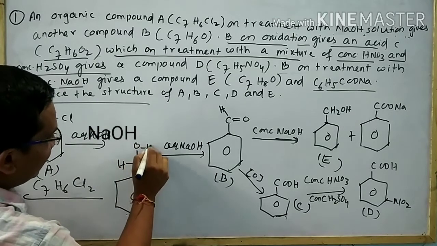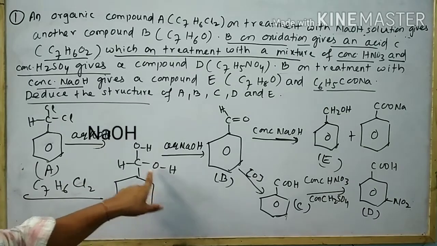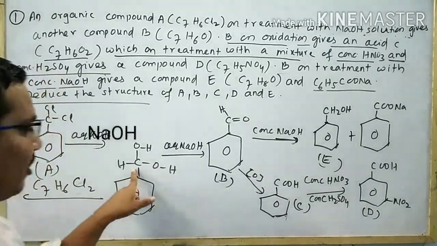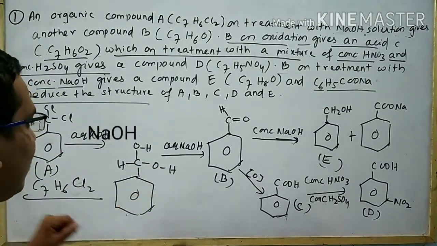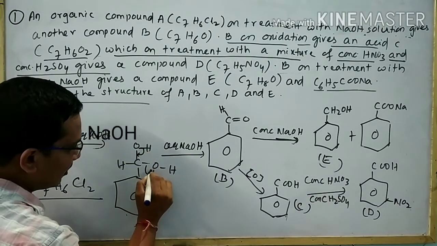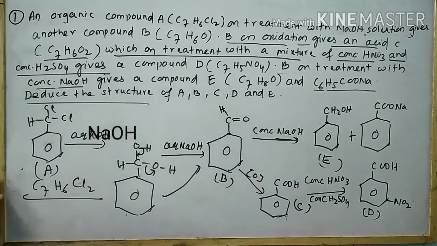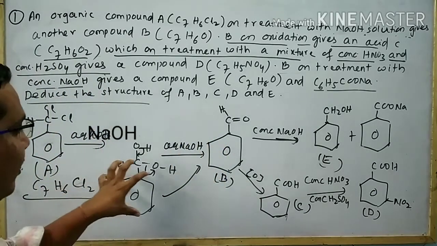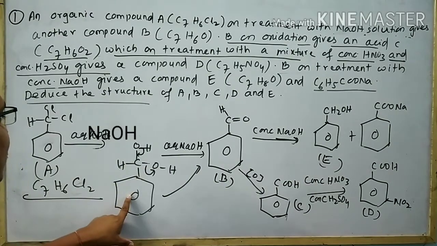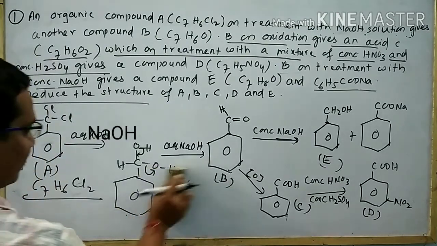This product is formed, but there are 2 OH groups attached to 1 carbon atom. This is your unstable product, so it wants to stabilize like this and form the benzaldehyde. It is an intermediate product which is formed, but it is better to write the equation like this.